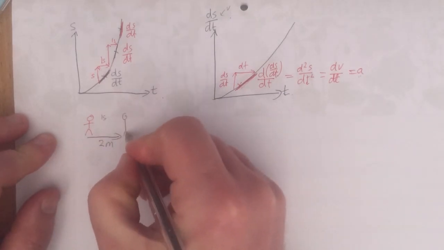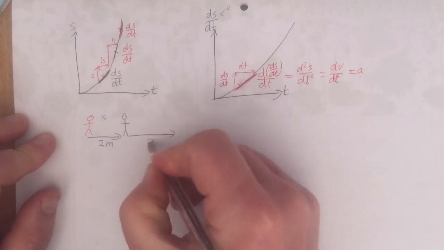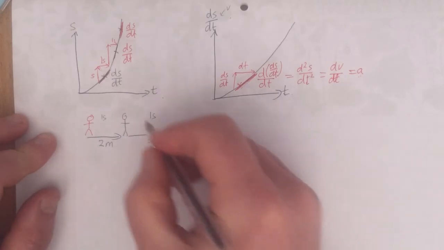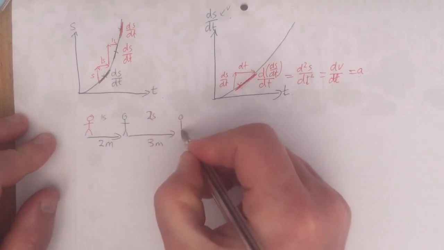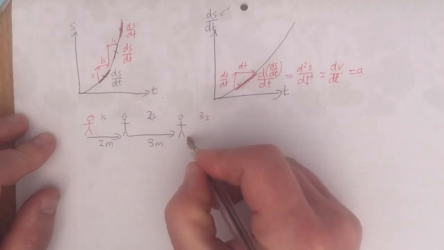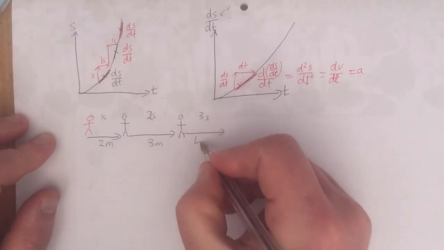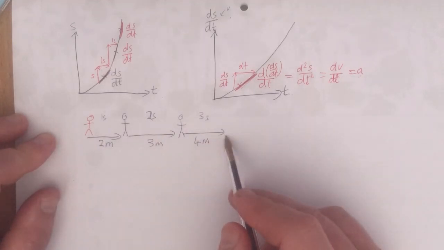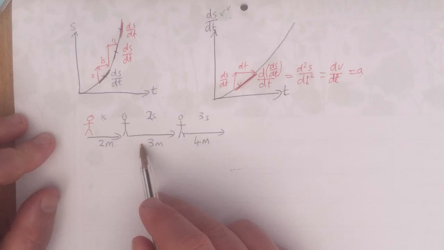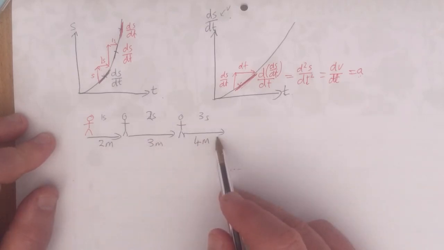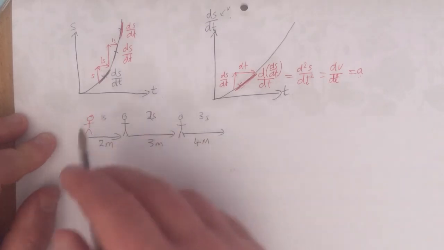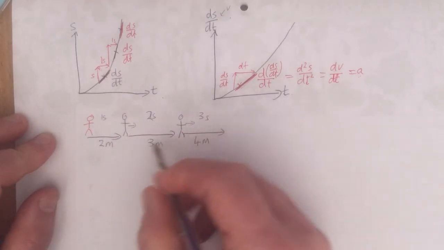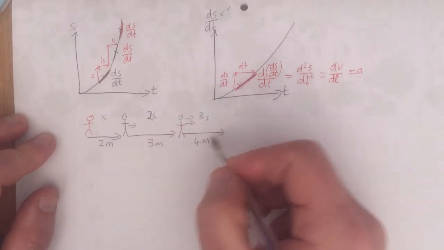In the second second, it might be 3 meters. The person's displacement has increased by more in the second second than it has in the first second. Then the next second, the displacement has increased by a total of maybe another 4 meters. So every second that we move forward here, the displacement is increasing by a greater amount. Now the reason that's happening is because the velocity is changing too, but we're going to come back to that afterwards.